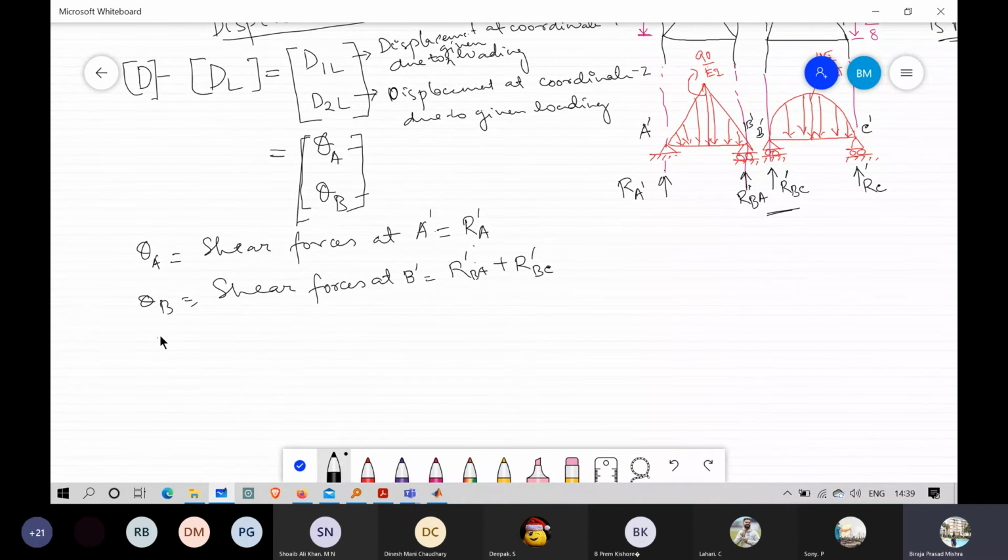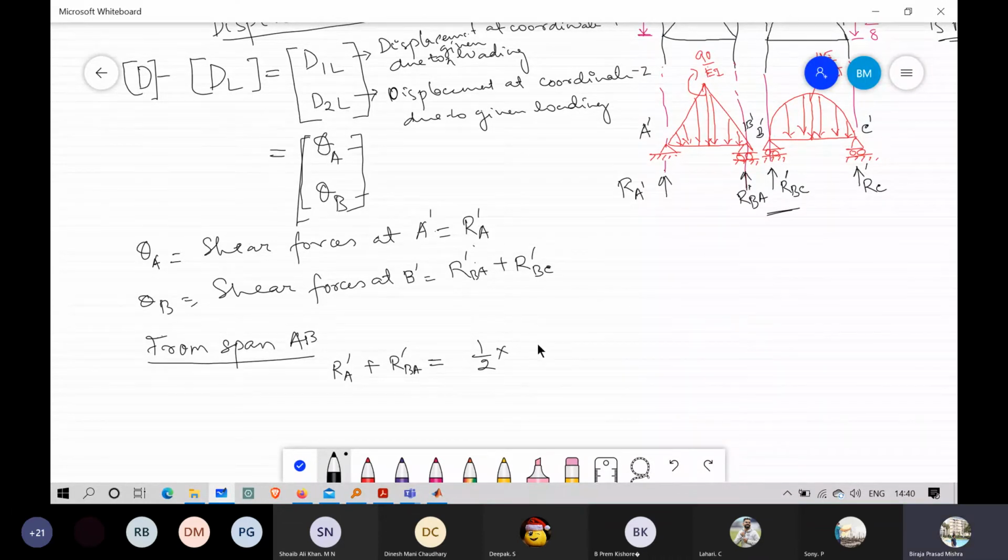From span AB, we can write RA dash plus RBA dash equals half into base into height, which is the area.